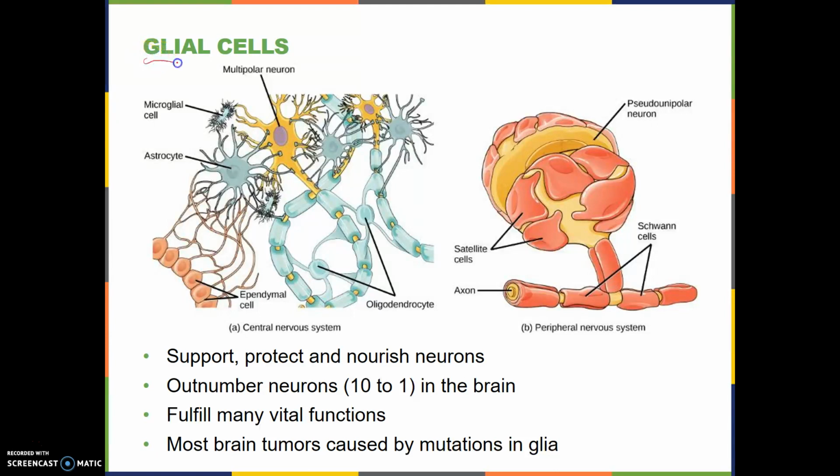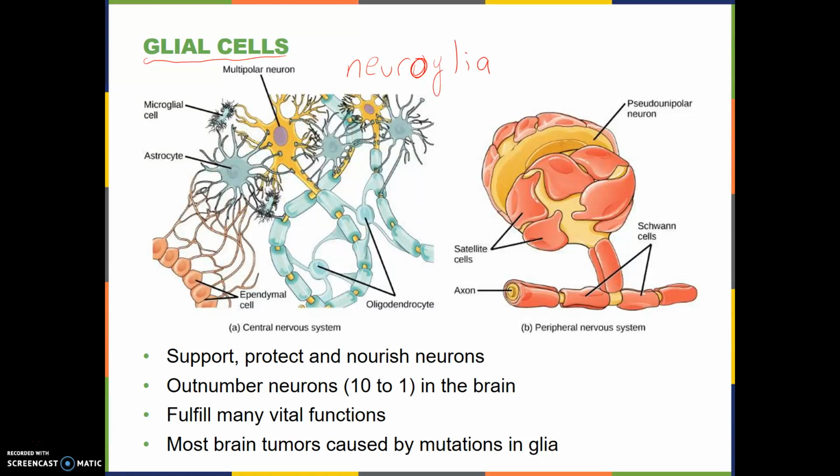Glial cells are sometimes called neuroglia. There are different types of glial cells. They are for support, protection, and nourishing the neuron. They outnumber the neurons 10 to 1 in the brain, and most brain tumors are actually caused by mutations in the neuroglia or the glial cells.